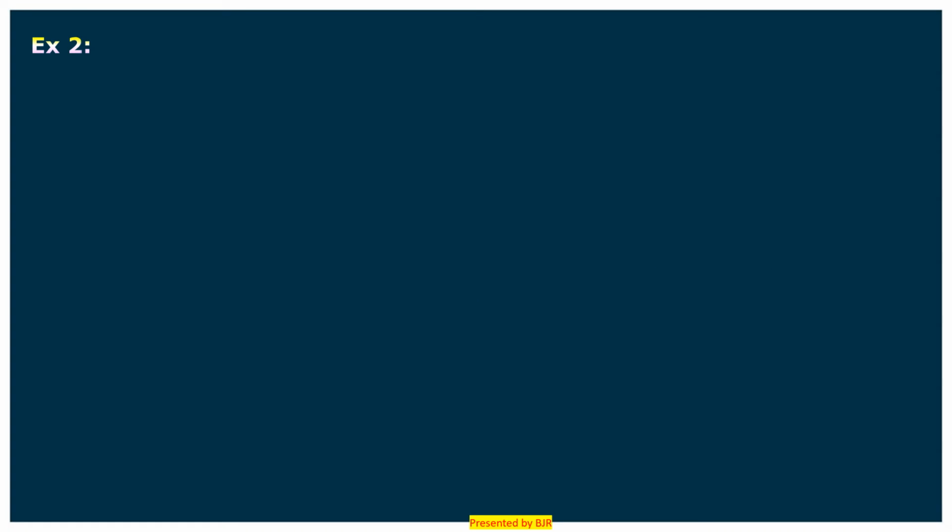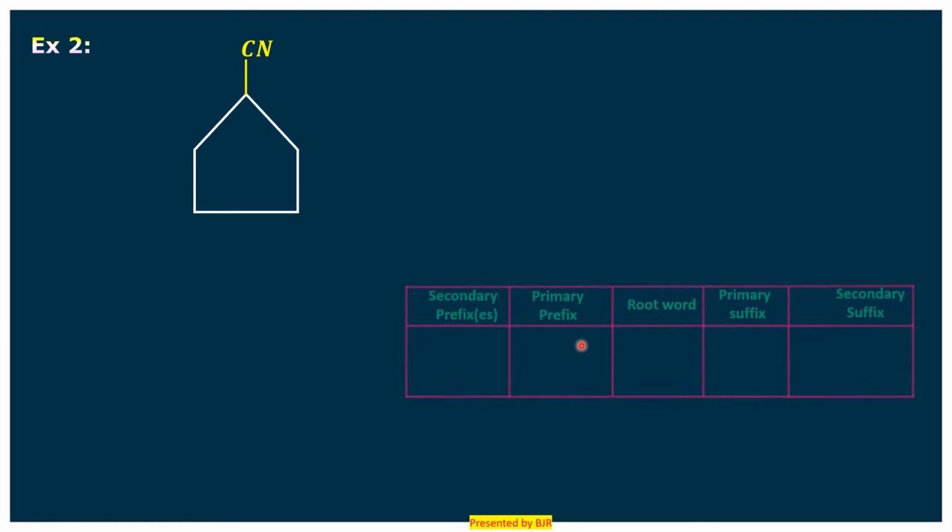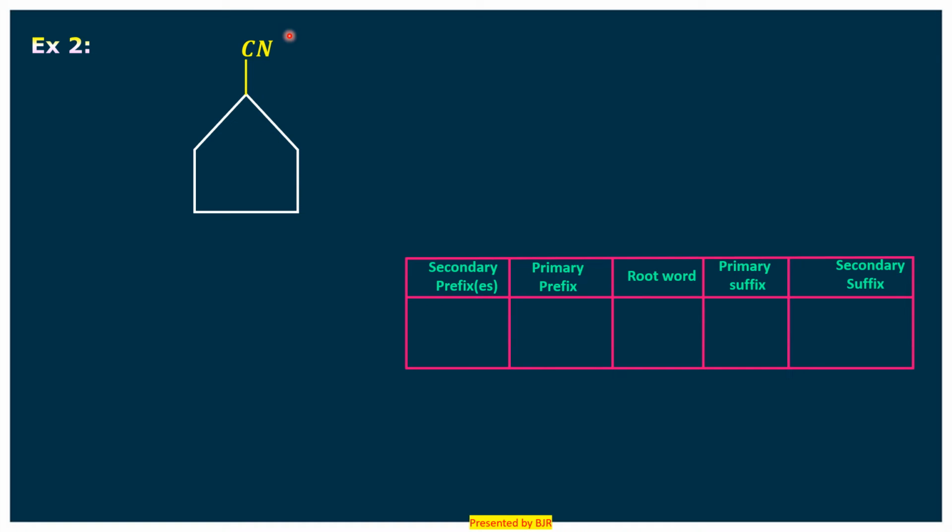Next, example 2. The same way, here the alicyclic ring is attached to the carbon containing functional group CN. Okay, C triple bond N. And in the parent name of the alicyclic ring, this carbon atom should not be included. Why? Because this carbon containing functional group is directly attached to the ring.